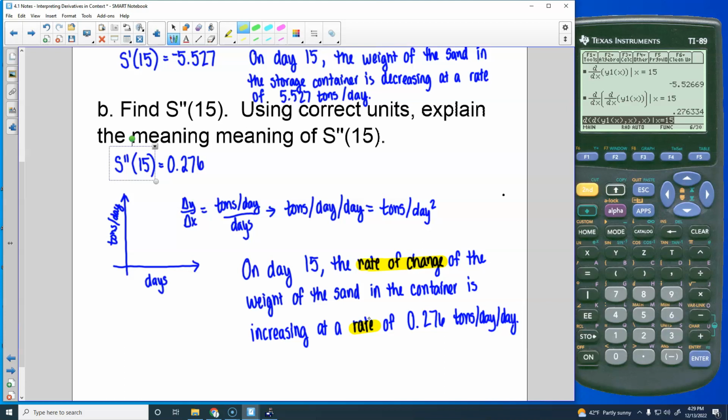So it's the rate of change of the weight of sand is increasing at a rate of 0.276 tons per day per day. This is like acceleration whenever you're dealing with speed here. So although the amount of sand is decreasing, the rate of change is actually increasing, so it's kind of slowing down that loss.